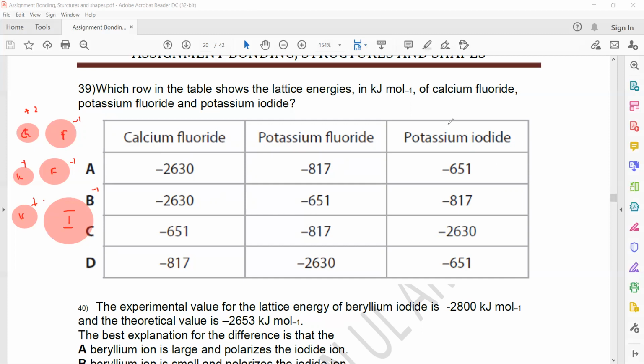So potassium iodide should be the smallest, and calcium fluoride should be the highest. So the highest number is -2000, the smallest is 651, and the moderate is 817. Is it clear? The lattice energy means when ions in a gaseous state form a compound and release energy. It's always exothermic, so that's why it is negative.